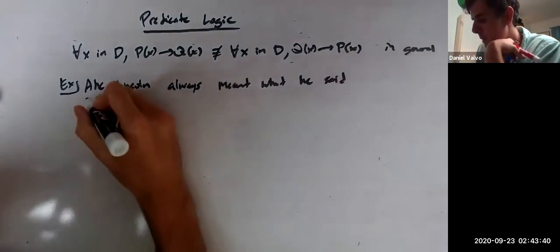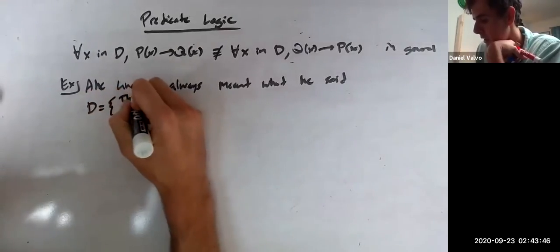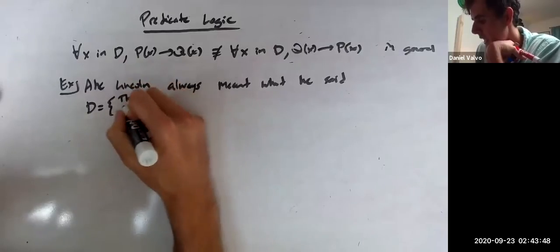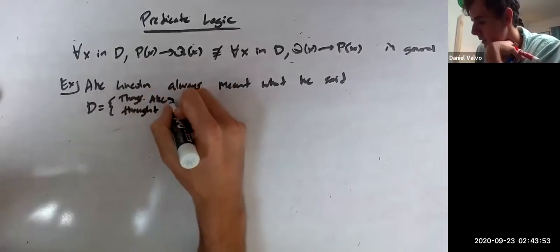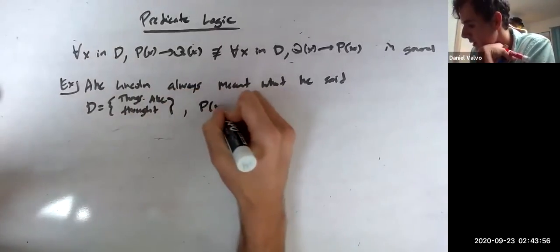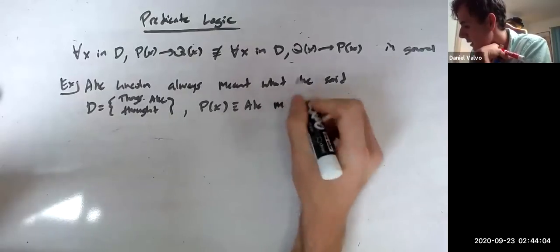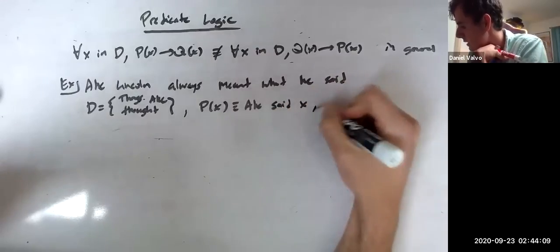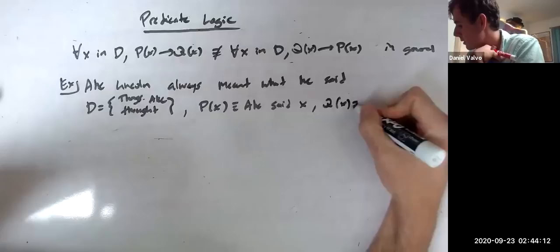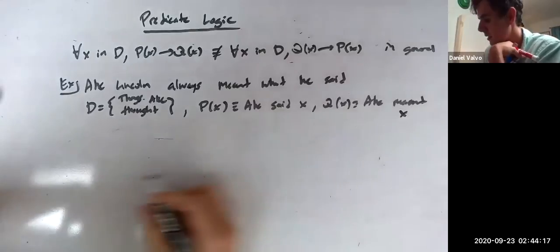And so if we make D the domain, things that Abe thought, and then we make P of X equivalent to Abe said X, and Q of X equal to Abe meant X, right?